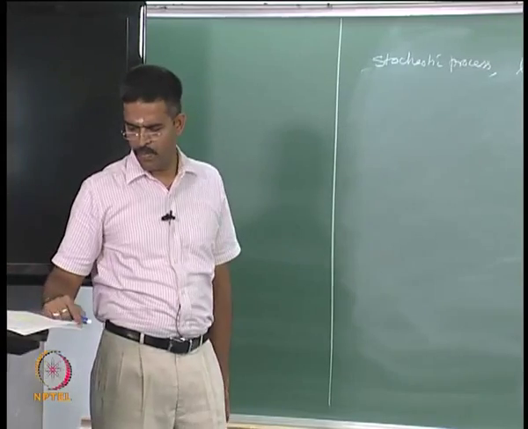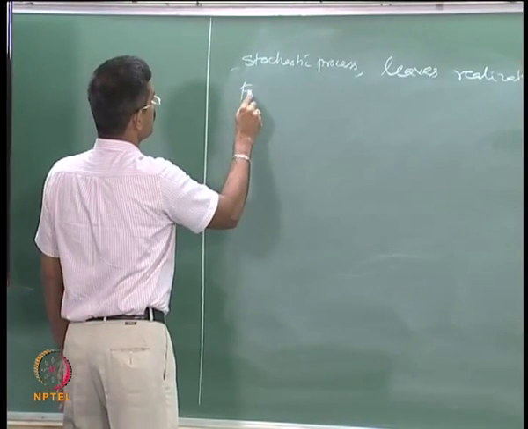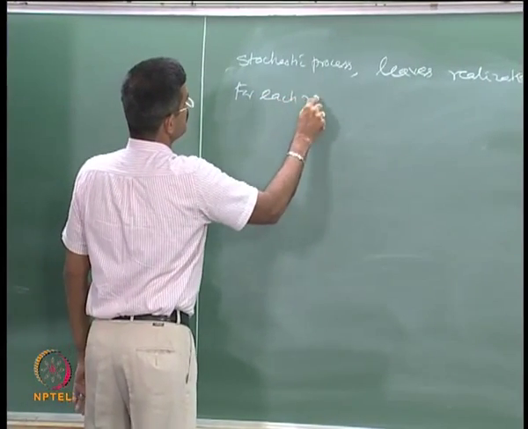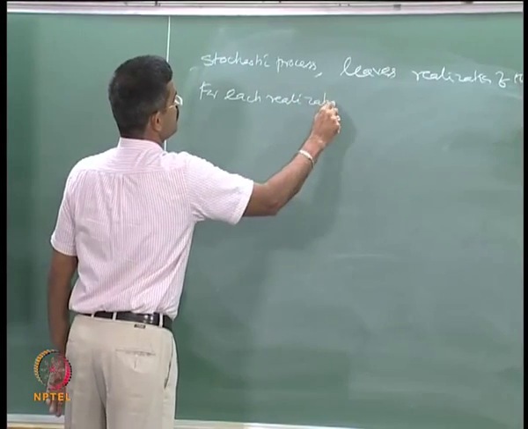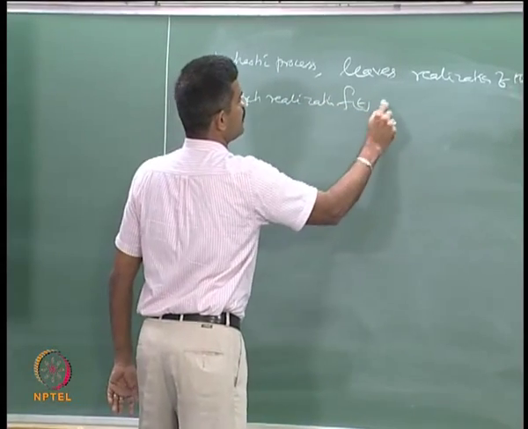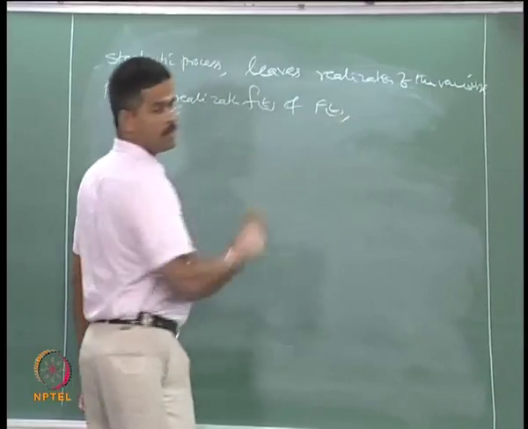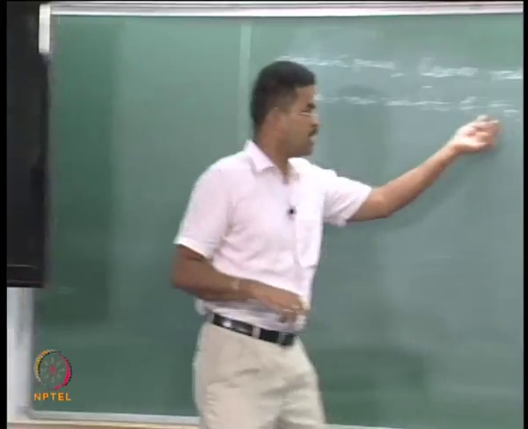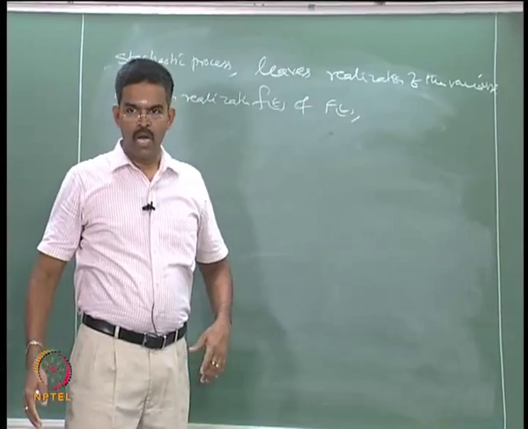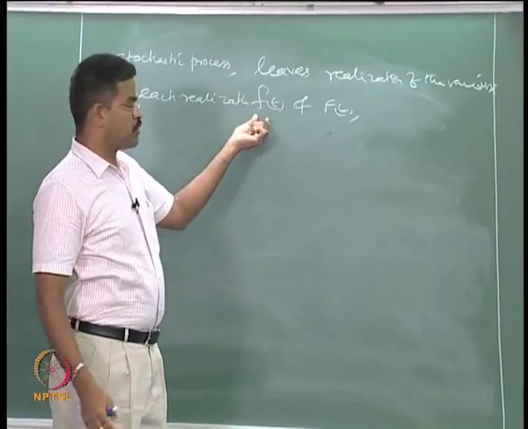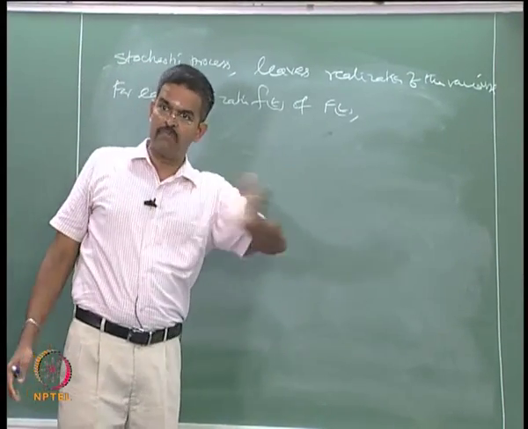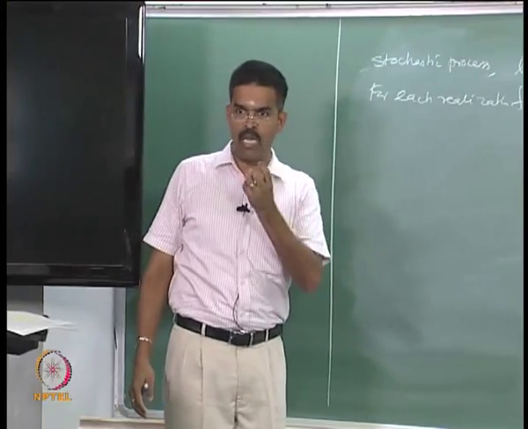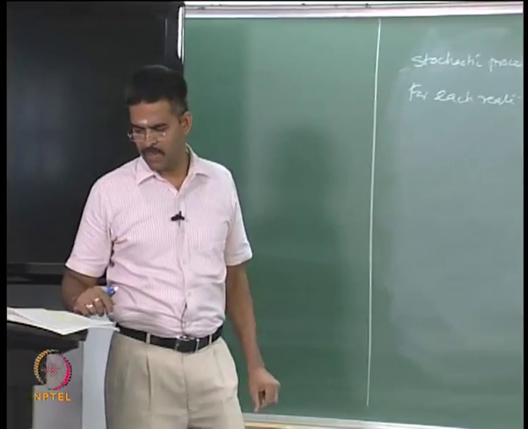For example, for each realization small f of t of capital F of t, which is a large ensemble, out of which small f of t, f1, f2, f3 are all realization values of this F of t. Okay, these are all true values present in that set.